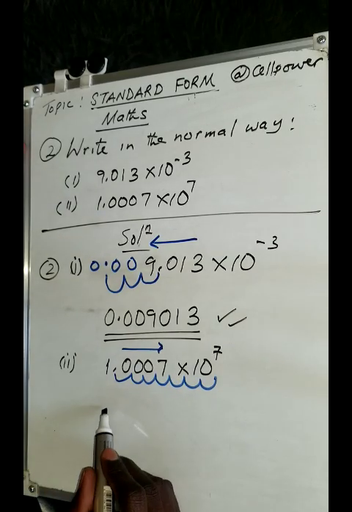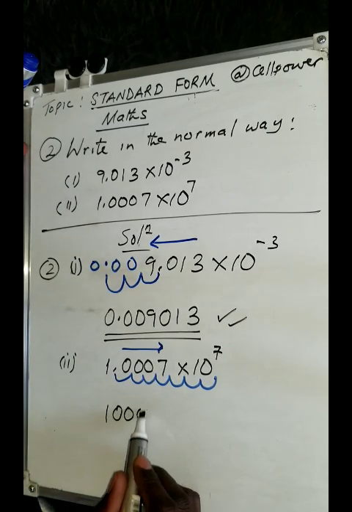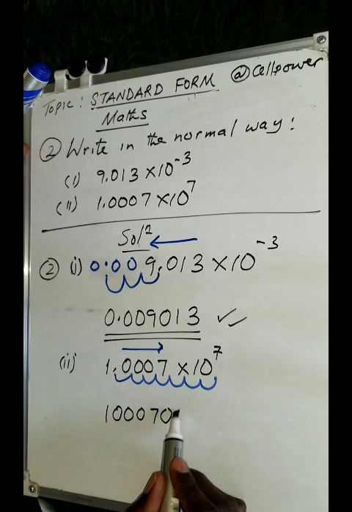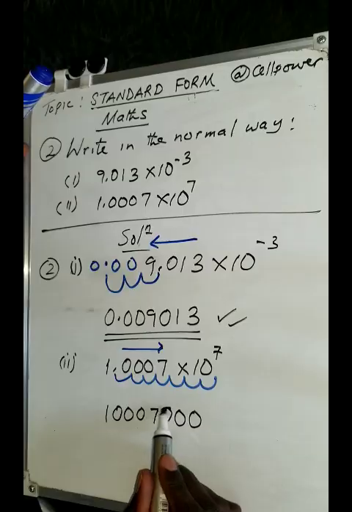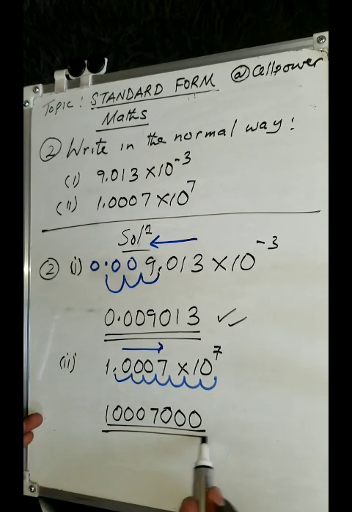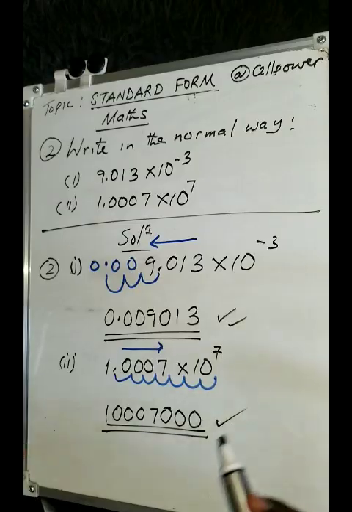So it will be 10007. We have here a 0, there we have a 0 and another 0 there. So you can see it was here 1, 2, 3, 4, 5, 6, 7. So it has come there, but we'll not show it in this case as we write it. So this is a normal way the number was before they wrote it in scientific or standard form.